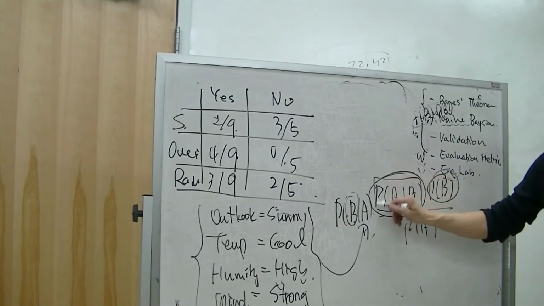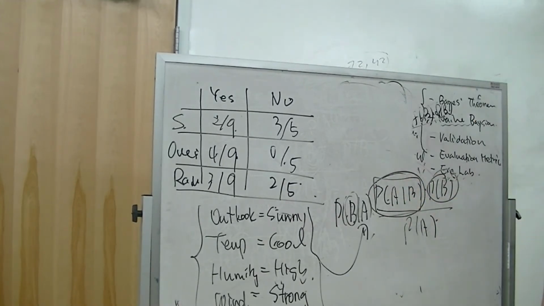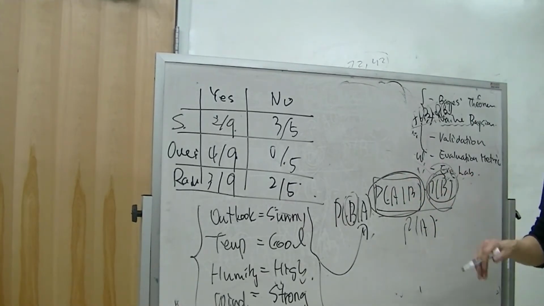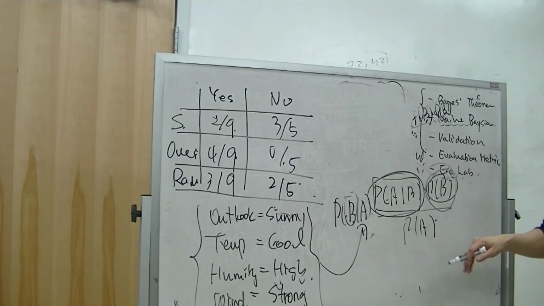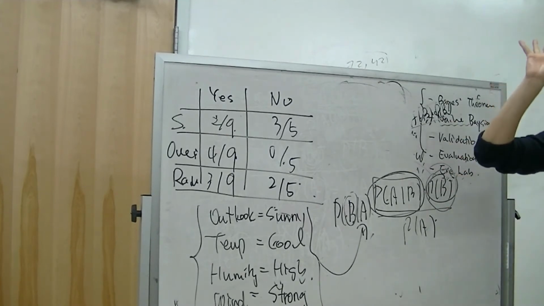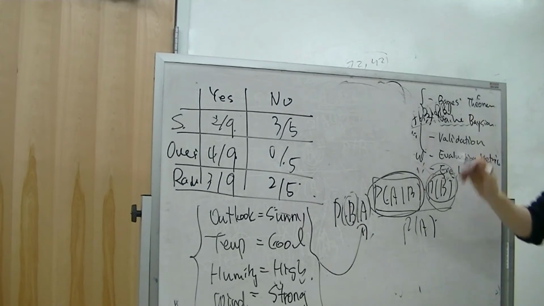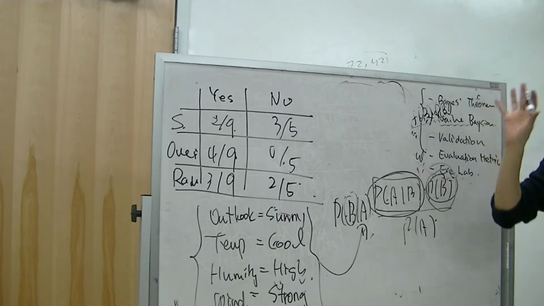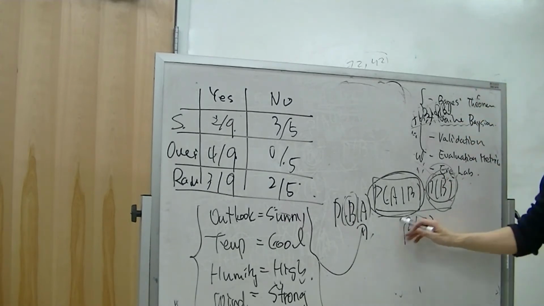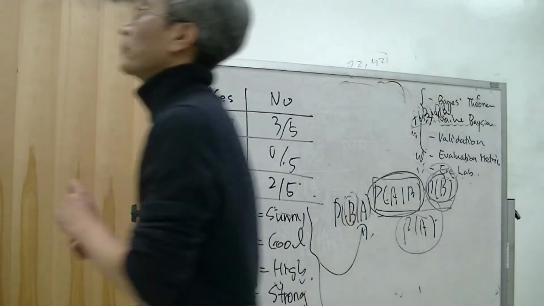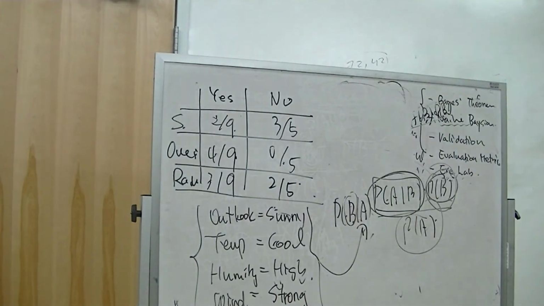Take a look at the table, and the P of B we know: 9 out of 14, and 5 out of 14, and the P of A. So calculate two of them, plane and not plane. You need to calculate the plane and not plane cases, then the highest one will be selected. So these are the lookup table.